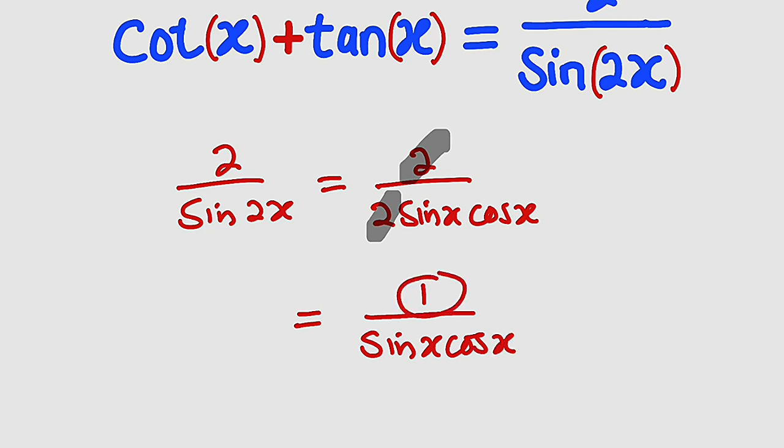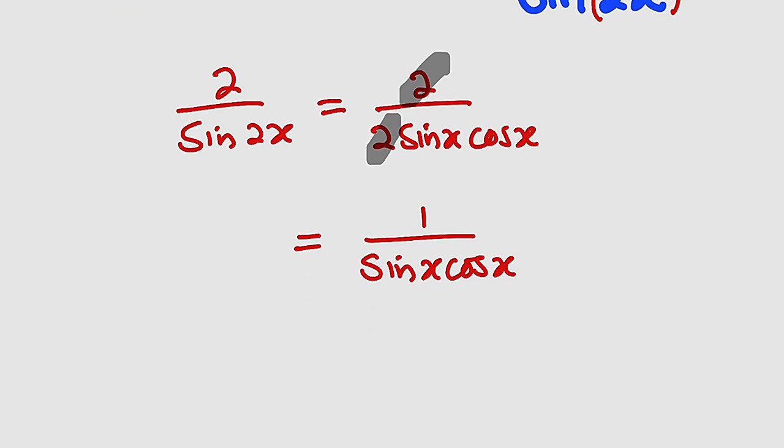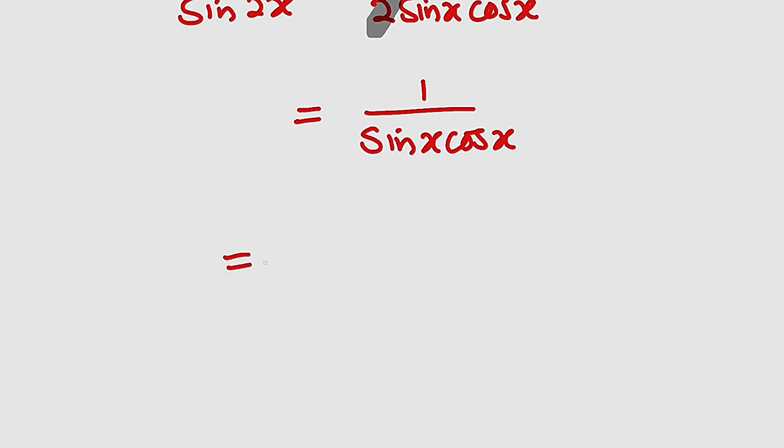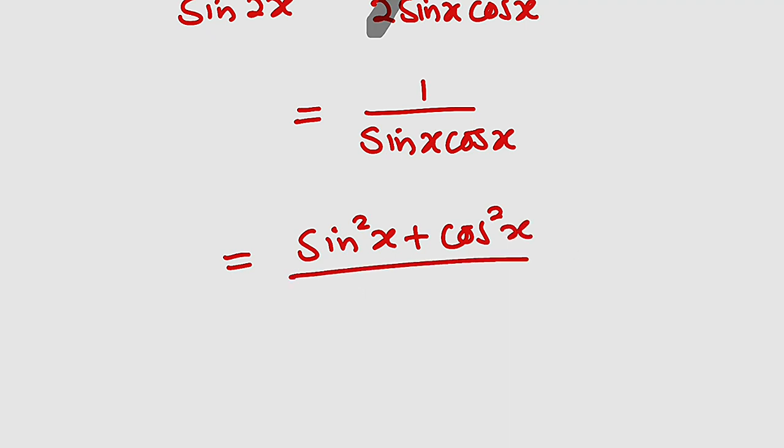But 1 is also an identity for sine squared x plus cosine squared x, right? So we can write 1 as what? Sine squared x plus cosine squared x divided by sine x multiplied by cosine x.